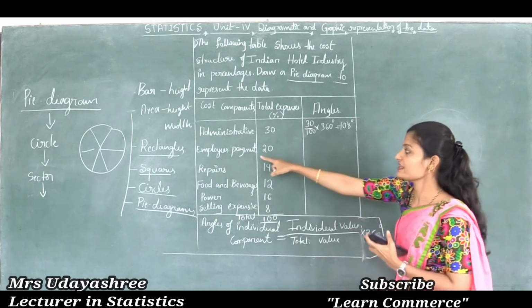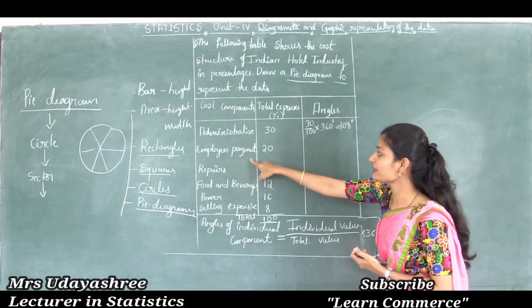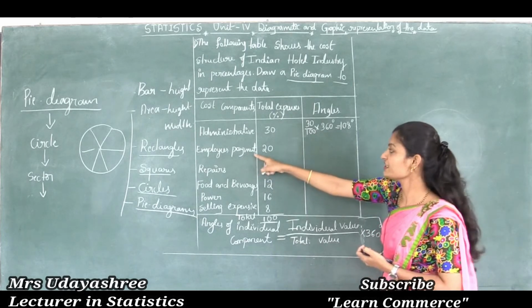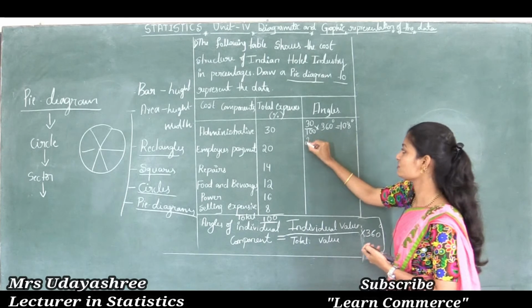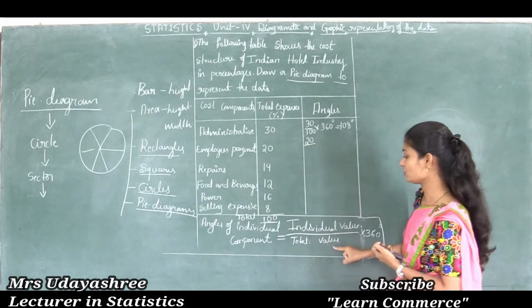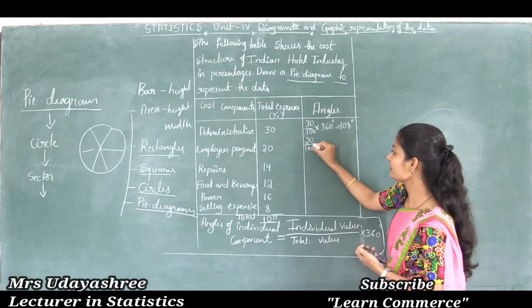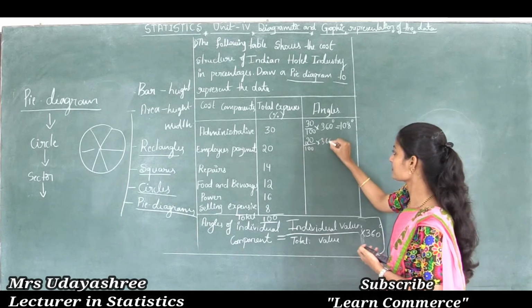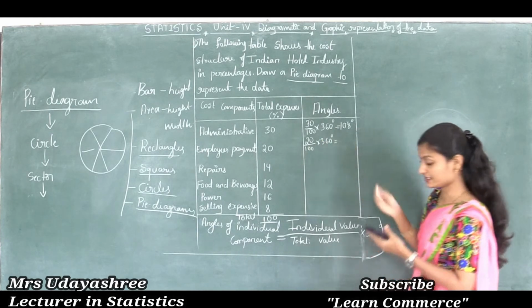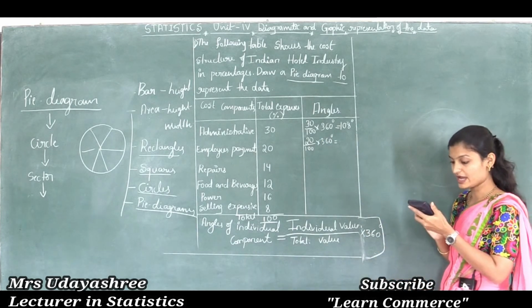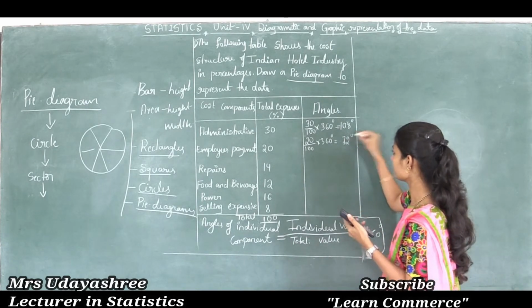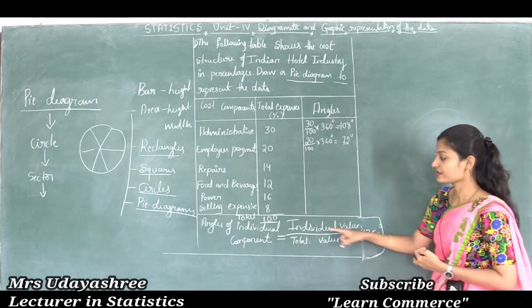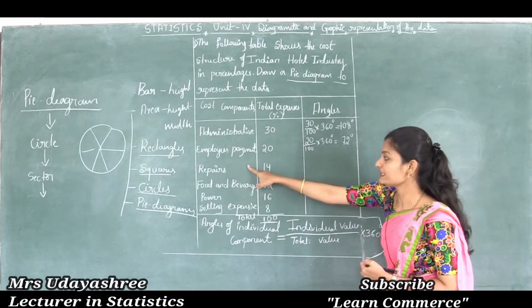Okay. Next component is employment payment. Here individual value is 20. So in the place of individual value, we substitute 20, divided by total value 100, into 360 degree, that is 20 divided by 100 into 360, that is 72 degree. Okay, next individual component is repairs.